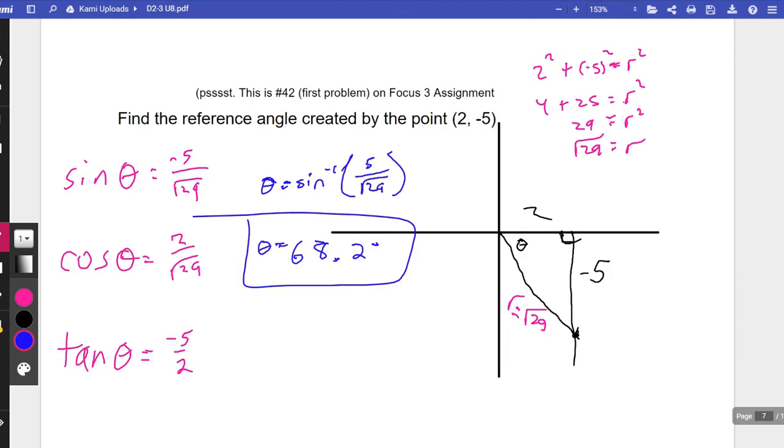And that's not totally incorrect. Because this reference angle is 68.2, negative 68.2 would start at the initial side and go right there. It'd be the same angle. So technically that works.